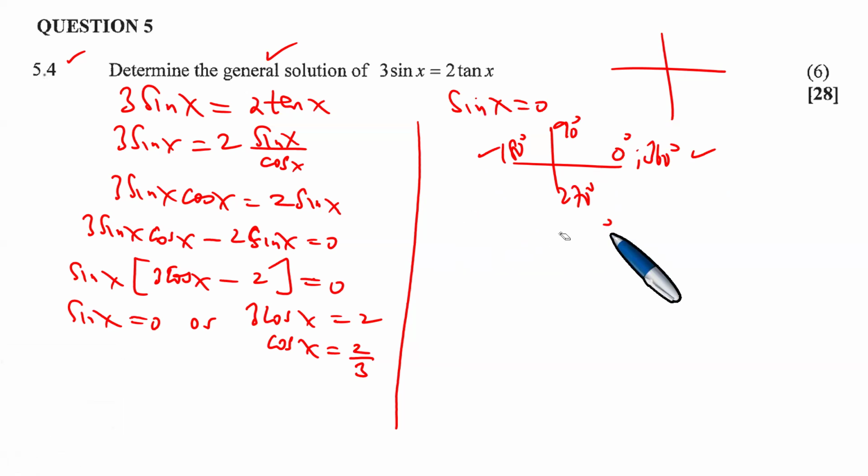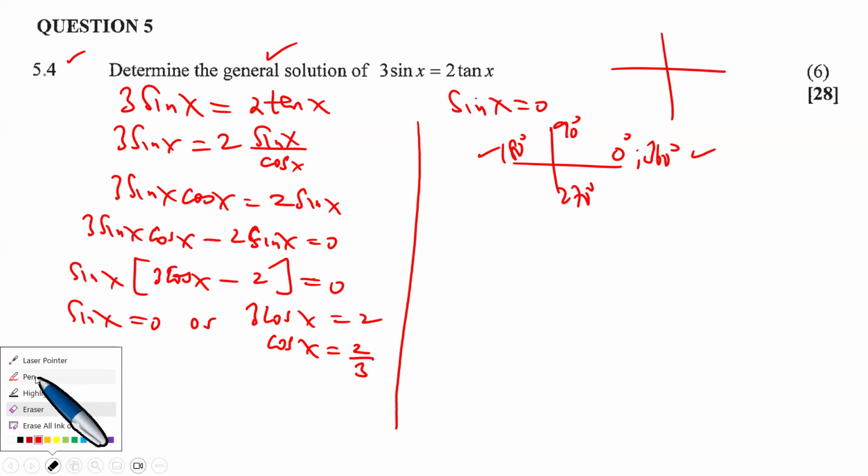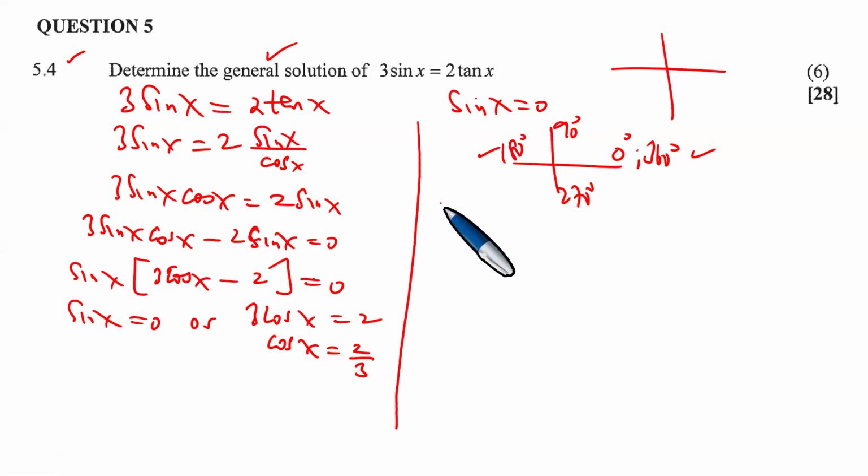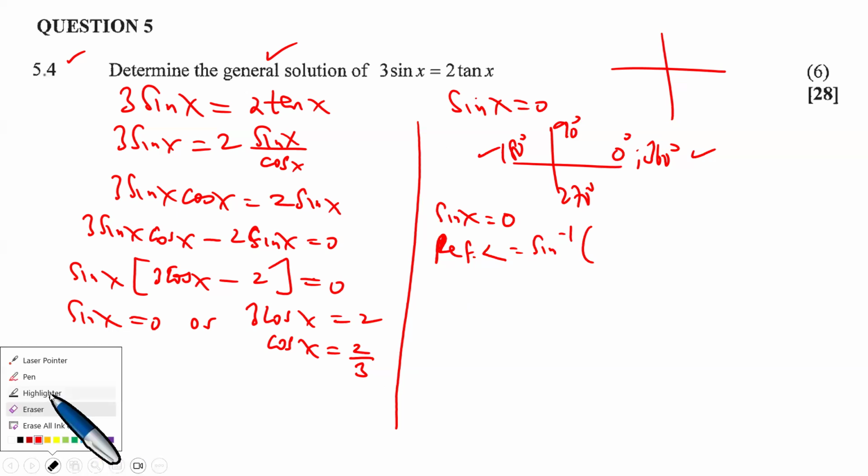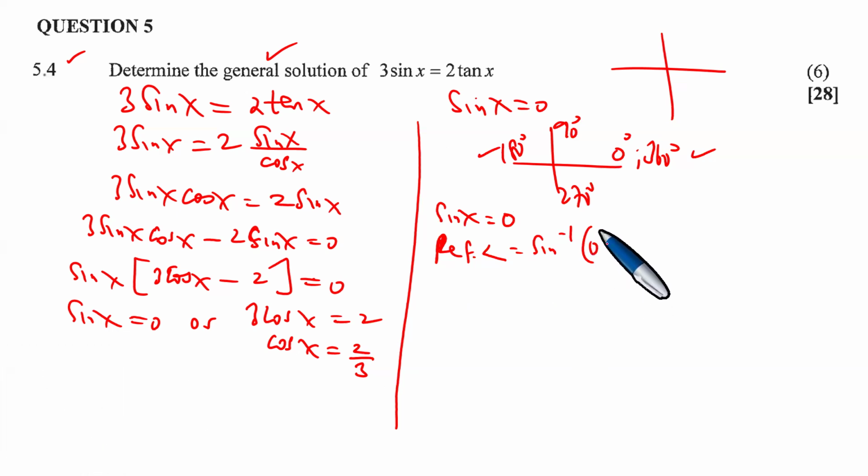The best would be that you first get a reference angle. If you have sine of x equals 0, then the reference angle will be arc sine of 0, which equals exactly 0, because the sine of 0 itself is 0.